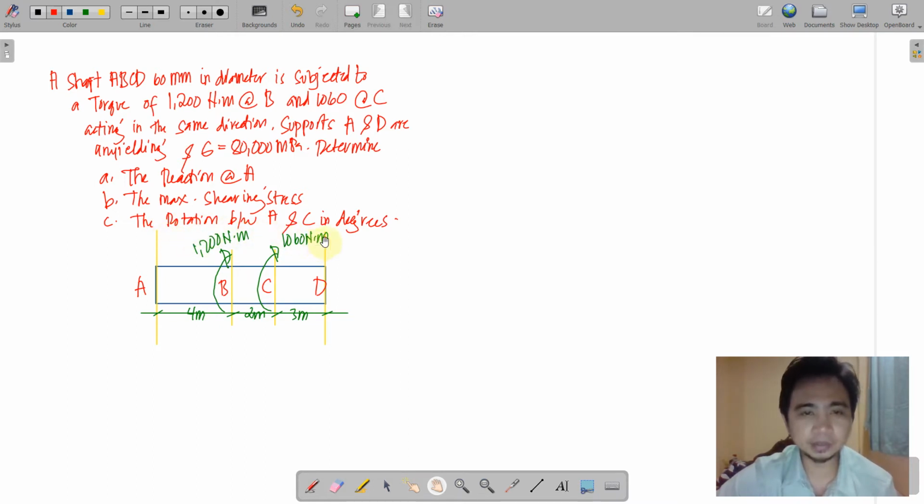We have discussed the step-by-step method on how to deal with a problem like this. The first step is the conversion of these torques into their equivalent vector torques, that is represented by a double arrow.